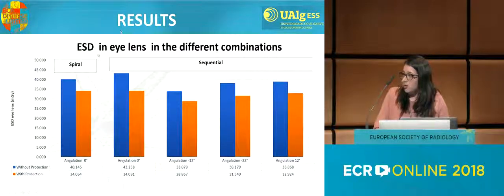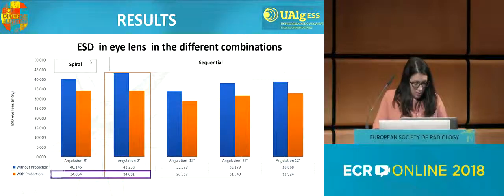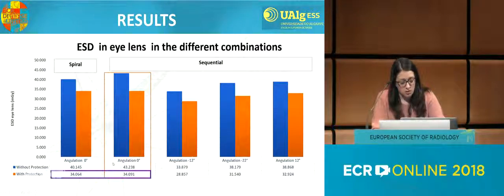In results, the entrance skin dose in the eye lens in the different combinations. You can see here that sequential with 0 degrees obtained the highest values, and spiral and sequential with protection represent similar values.